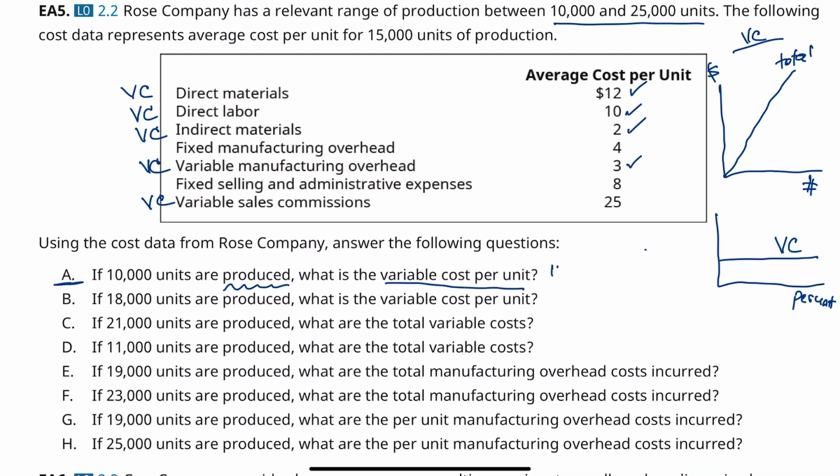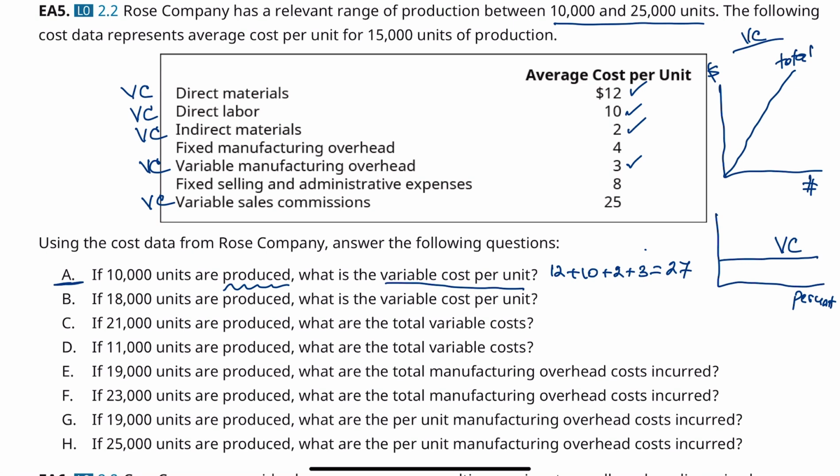So 12 plus 10 plus 2 plus 3 gives us $27. So $27 is the variable cost per unit in this specific case. For every next unit, the company will spend $27 of variable costs for production.